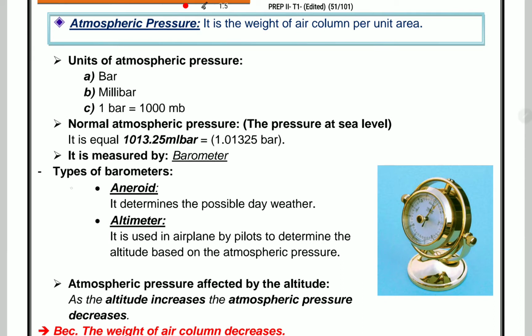The first type of barometer is called an aneroid, and it's used to determine the possible weather of the day, whether it's rainy, or stormy, or sunny, and many other cases.